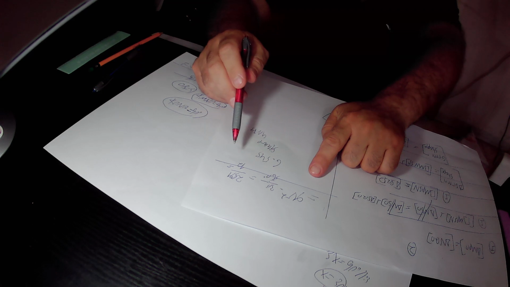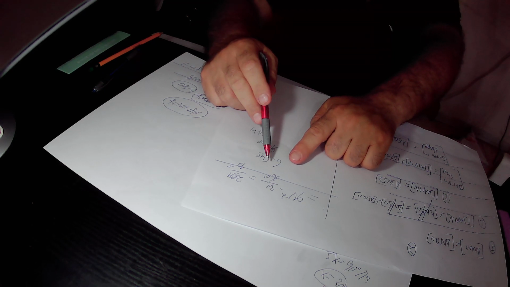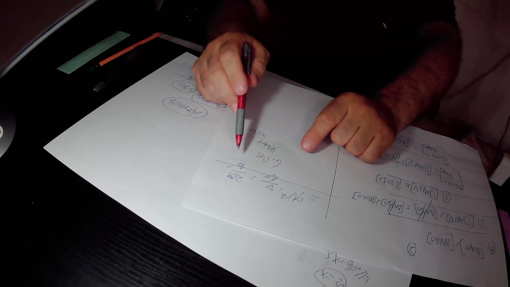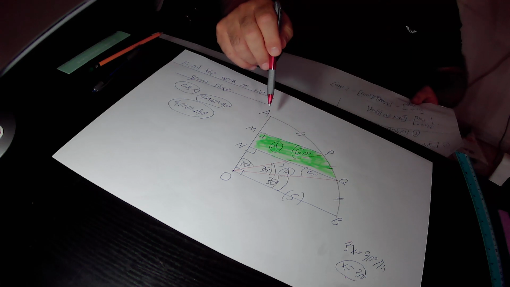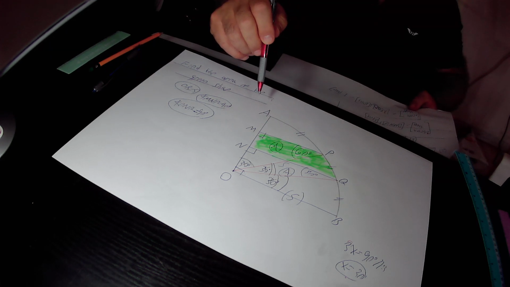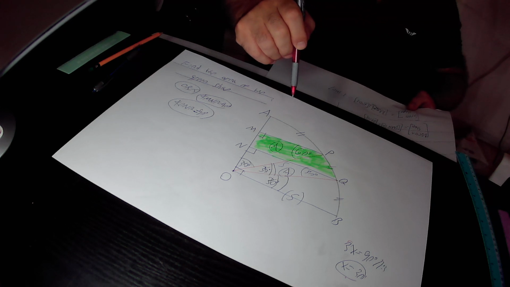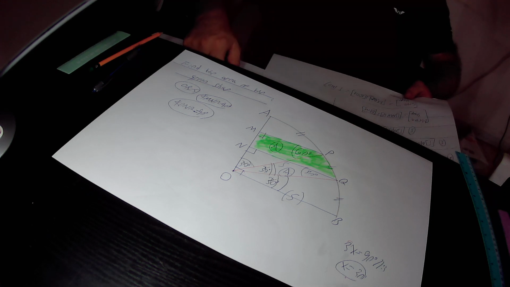So pi r squared is 25 pi. And 30 degrees over 360 degrees is 1 over 12. So in total, we found out that the area of this green shape equals 25 pi over 12 square units. In terms of numbers, the area of this green shape equals 6.545 square units. Okay, thank you very much.